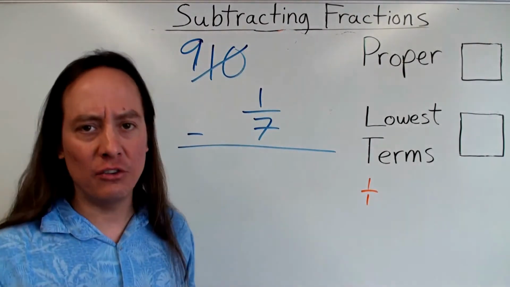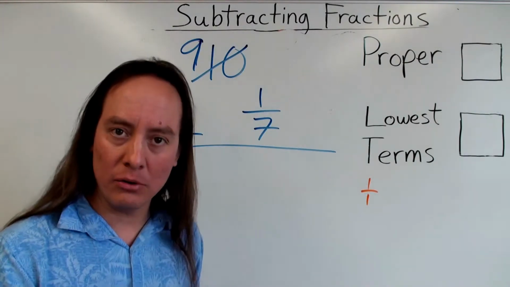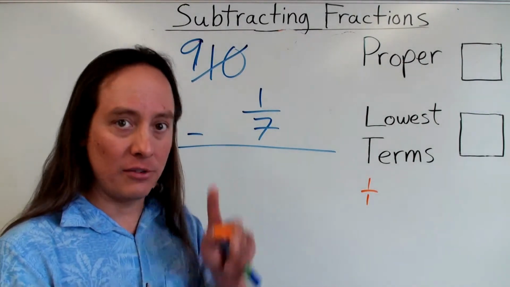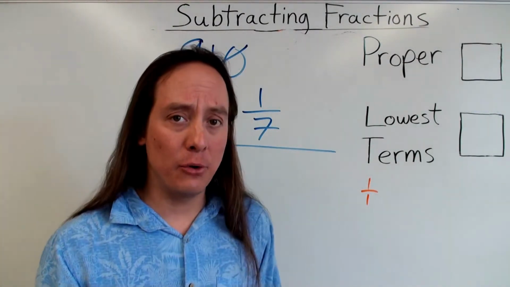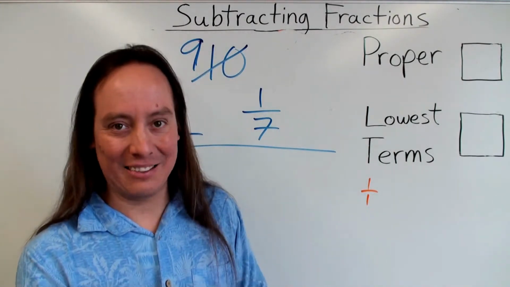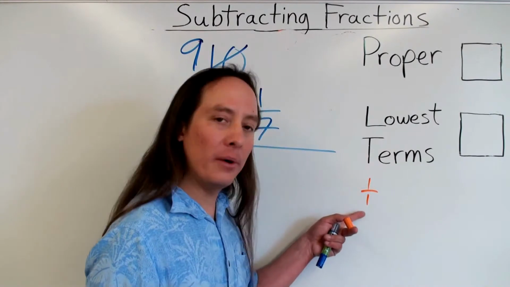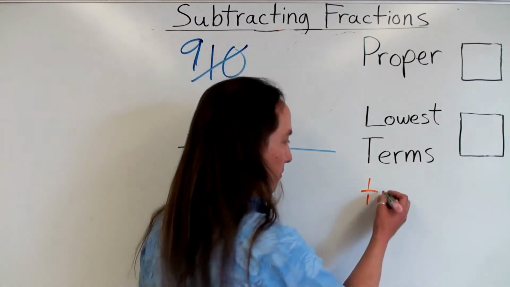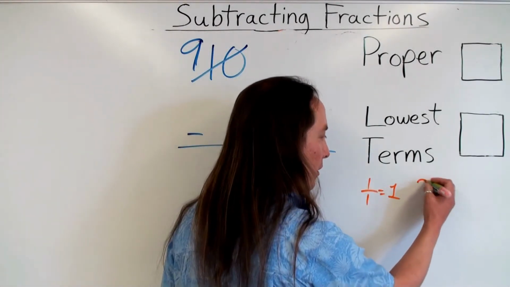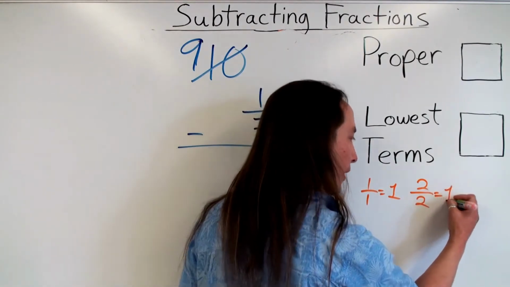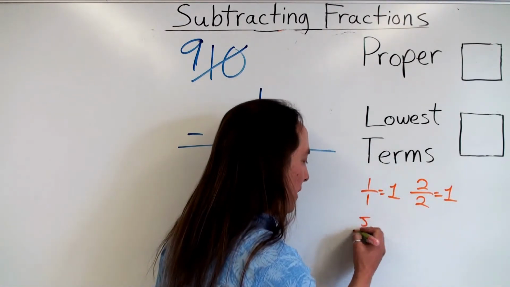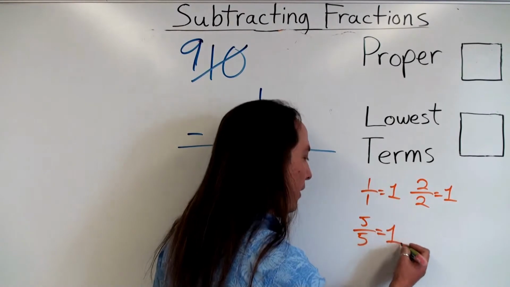Remember that fractions are divisions, right? You know, a fraction is part of a whole or less than 1. Fractions are divisions, and fractions have 3 forms: fraction, decimal, and percent. But it's a division, so 1 divided by 1 is 1. 2 divided by 2 is 1. 5 divided by 5 is 1.